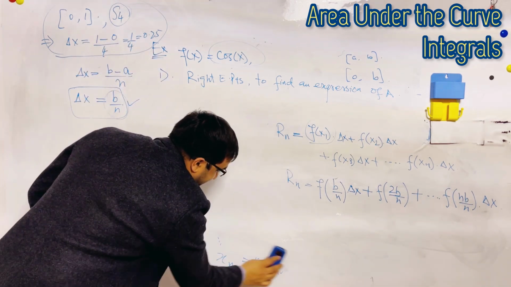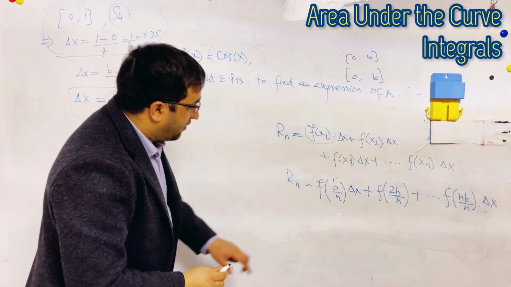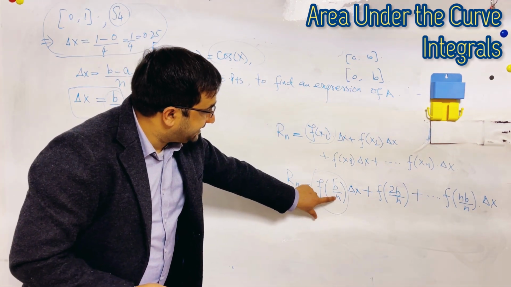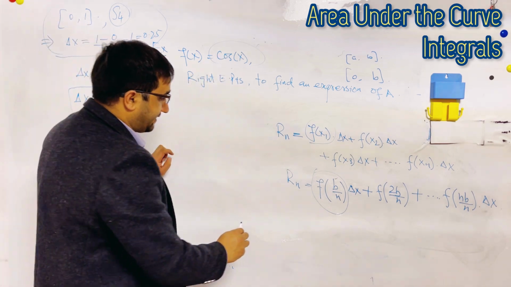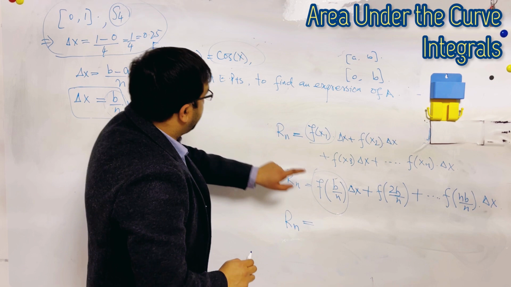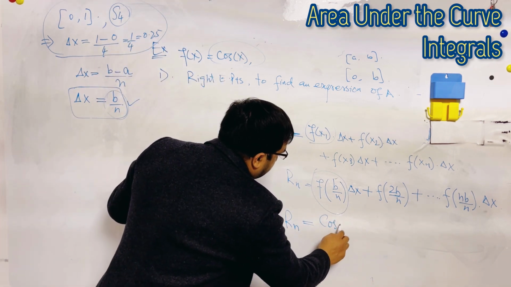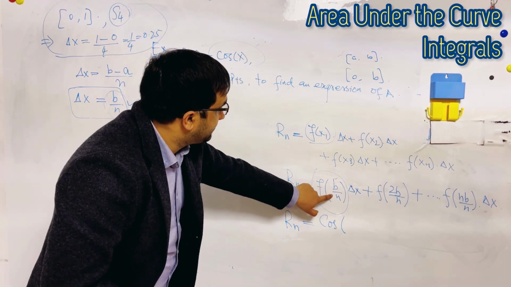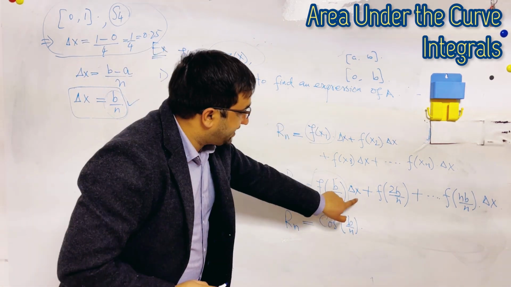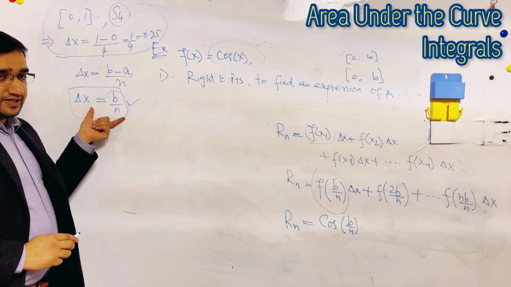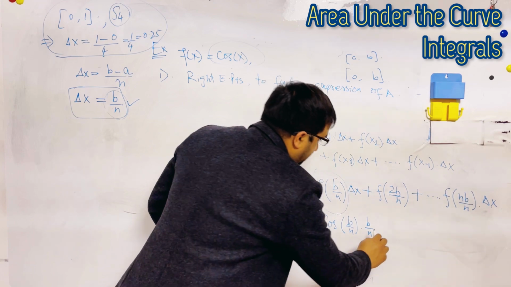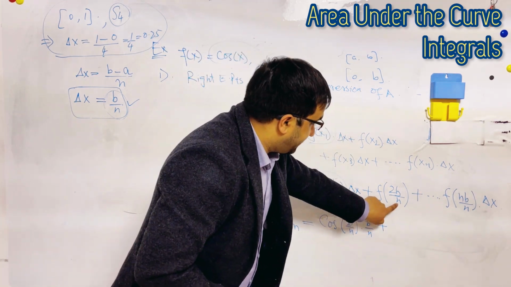Now what does this mean? This means the value of the function at this point. What is the function? The function is cos x. So I can plug in this function here. Instead of f, I will write cos of, and instead of x, I will use this value. So cos of b divided by n into what is delta x? It is b divided by n. So in the multiplier, we have 1b divided by n, plus the value of the function at this point.